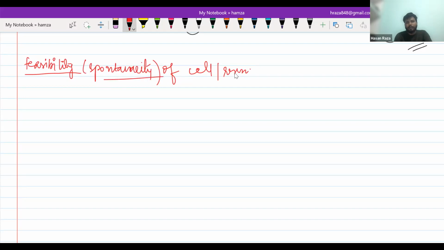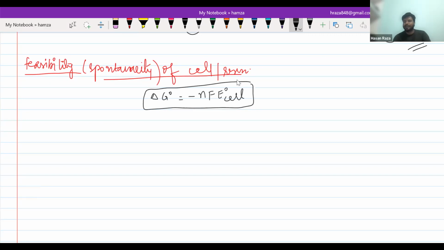Here we got a formula: delta G naught will be equal to minus nF E naught cell. So what you need to do is just see the representation or the equation.